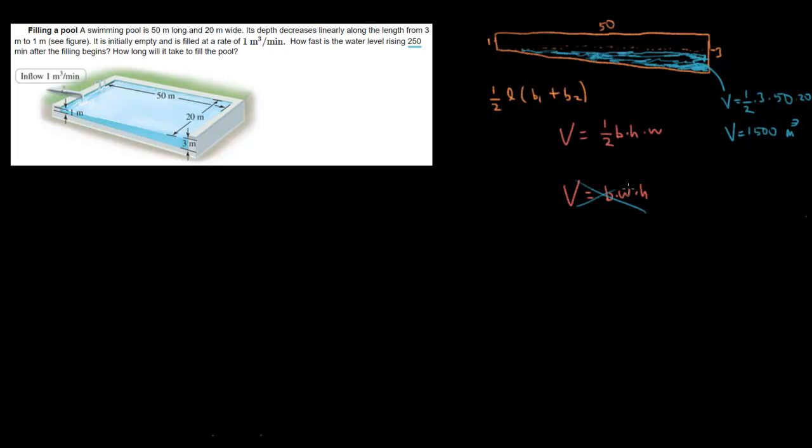If I had passed that 1,500 mark, like let's say instead the question said, how fast is the water level rising 1,600 minutes after filling begins, I would use this equation because I would be past that 1,500 mark. But since I'm only at 250 cubic meters, I'm still operating in this little triangular area. So that tells me that this is the equation I'm working with.